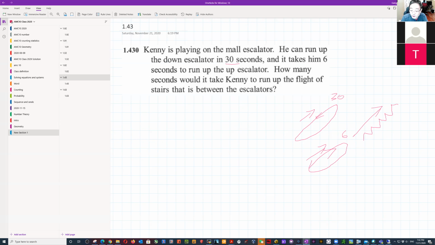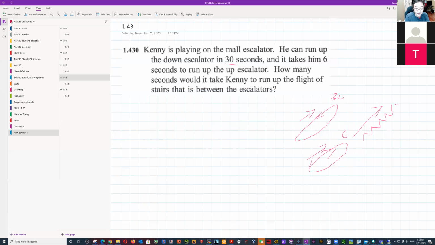So then we have the escalator speed. Right now we are dealing with seconds, so we not necessarily have to set the speed, we can set the seconds. It's okay.